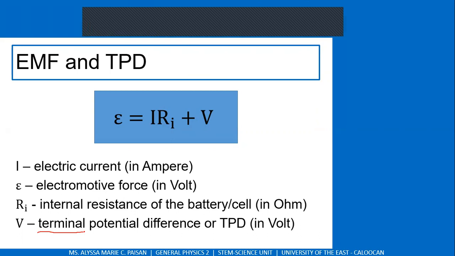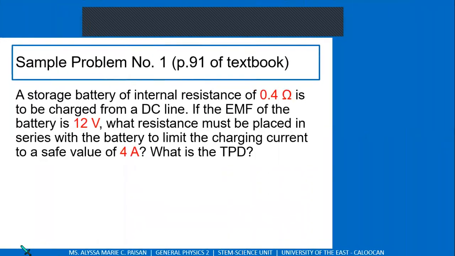So bakit terminal? Dahil nandun siya, yun yung voltage across the two terminals of our resistor. Okay? Pareho lang yung potential difference tsaka TPD ha. Magkaiba lang dito electromotive force tsaka yung terminal potential difference. Ayan. So I hope that's malinaw.